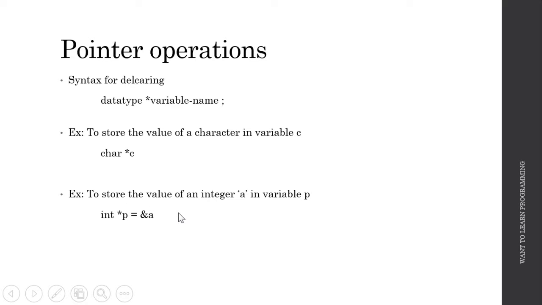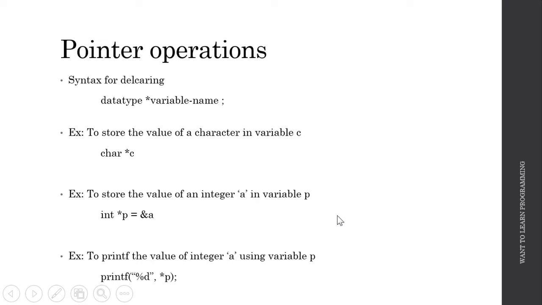Now, to print the location of a using variable p, for example, if we say int star p is equal to ampersand a, then p will be equal to the location of a. To print the value of a using the location of a, we can use star p, that is, percentage d star p. p will contain the location of a, assuming that the location of a is 3000, then p will contain the value 3000.